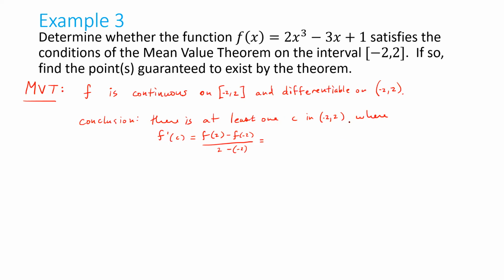So let's see, what would that be in this case? So we can kind of work out those values here. What's f of 2 and what's f of -2? Well, actually, before I do this, let's first verify those first conditions.